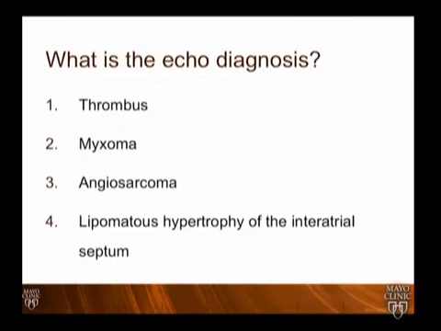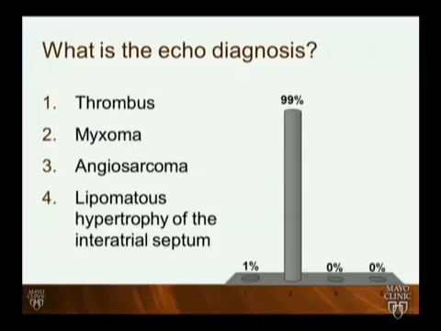Is it a myxoma? Is it an angiosarcoma? Or is it lipomatous hypertrophy of the interatrial septum? Excellent, 99%, good. So that's a very typical myxoma. That's probably the classic thing that you'll see.